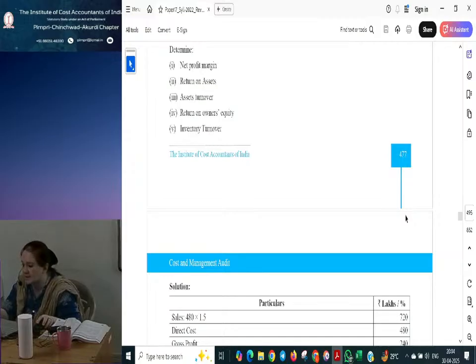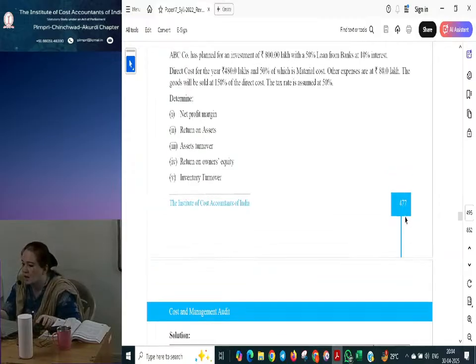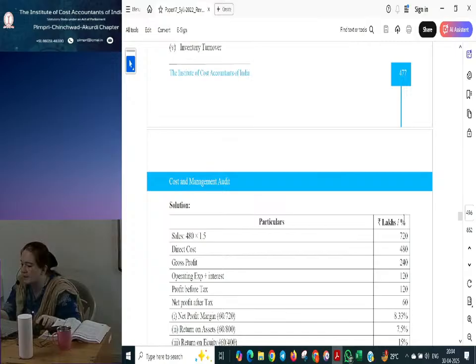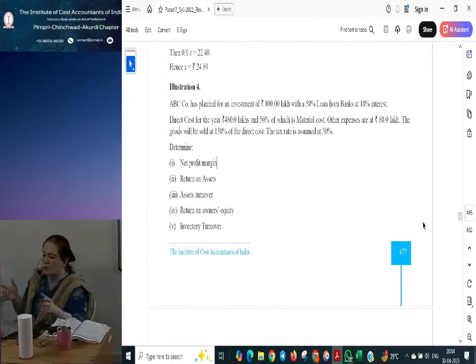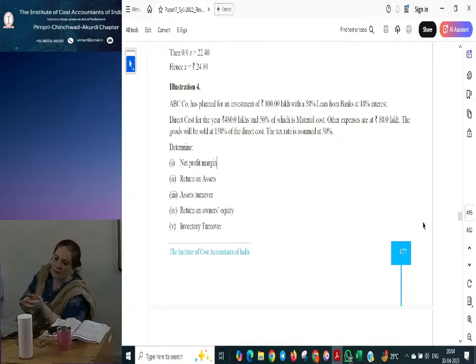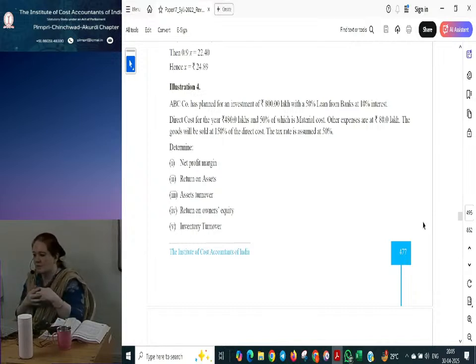Return on assets. An investment is planned for 800 lakhs. The amount you raise, 400 lakhs from equity share capital and 400 lakhs from the bank loan, is going to be invested in fixed assets for production.